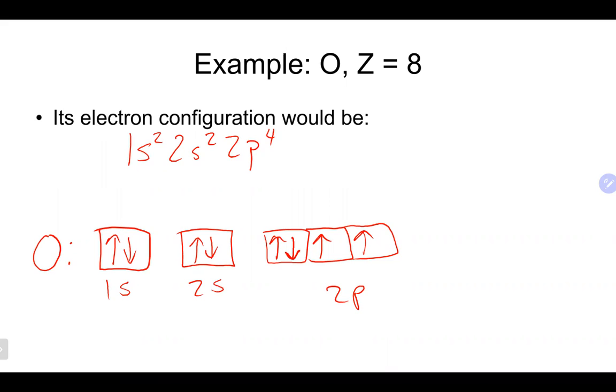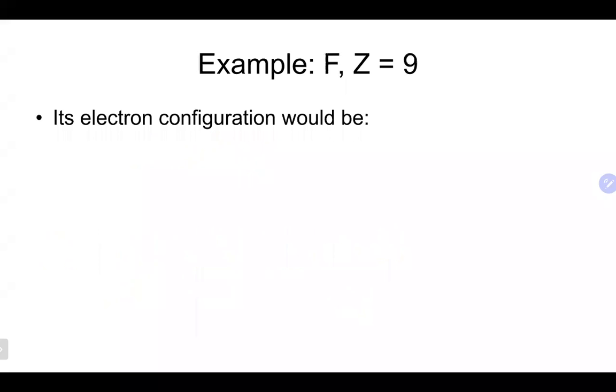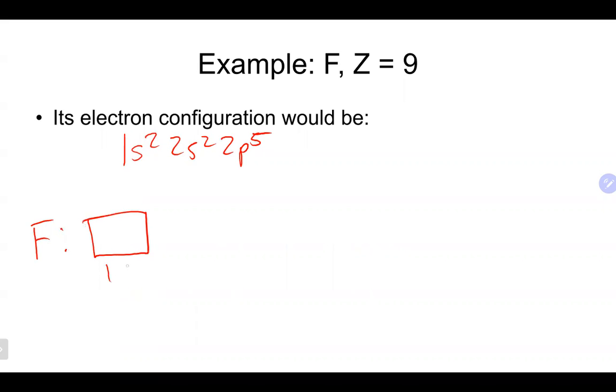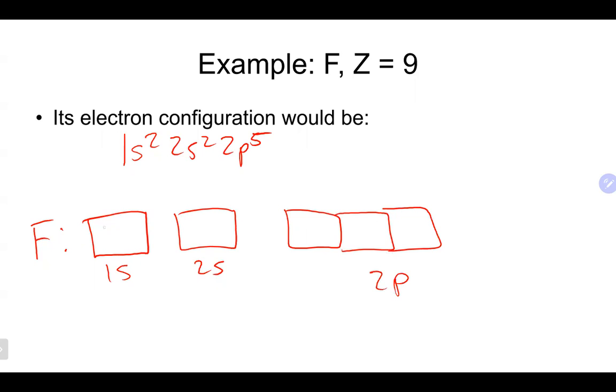All right, so might as well finish it out. So that is fluorine next. So fluorine would be 1s2, 2s2, 2p5. And we would go up and down, that is full, up and down, that is full.